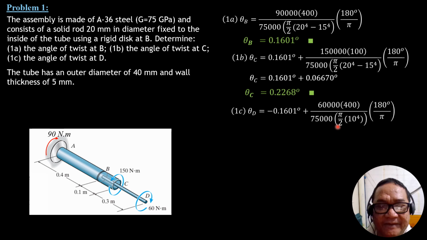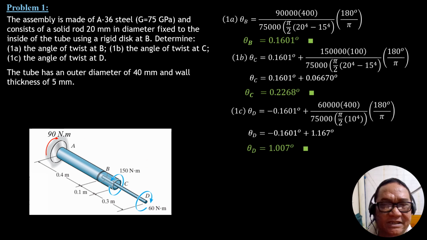So 75,000, then pi over 2, 10 to the fourth. So that would be equal to negative 0.1601 degree plus 1.167 degrees. Combining, theta D would be equal to 1.007 degrees. So that's it for this problem.